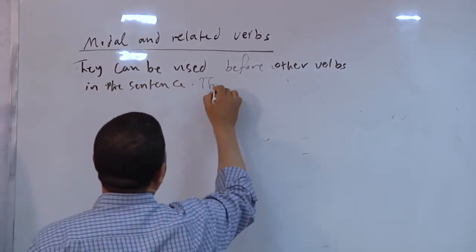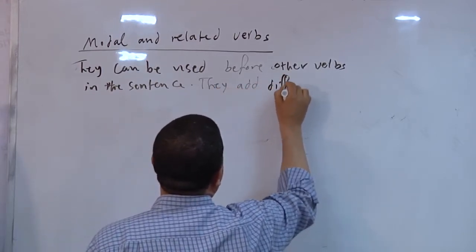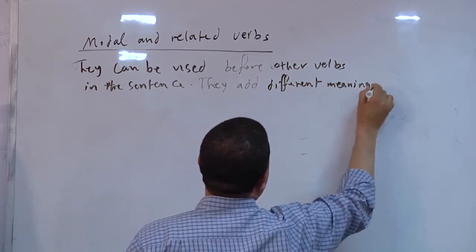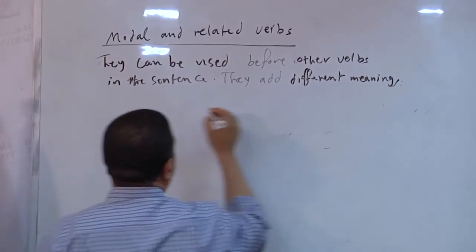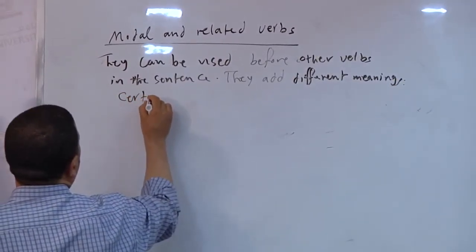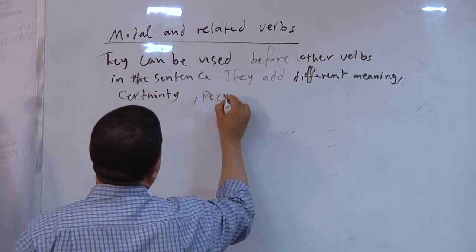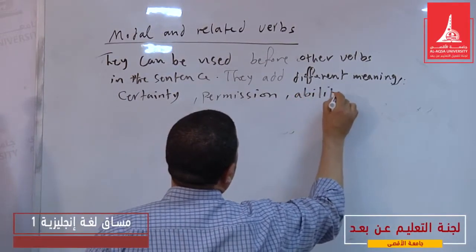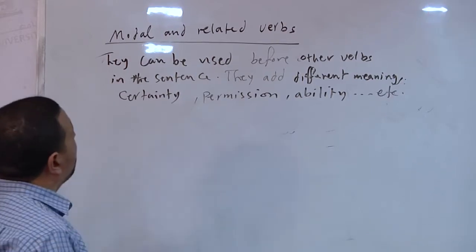Okay, they add different meanings. They add different meanings, such as what? Such as certainty, permission, ability, and the like, etc. So this is the first idea.